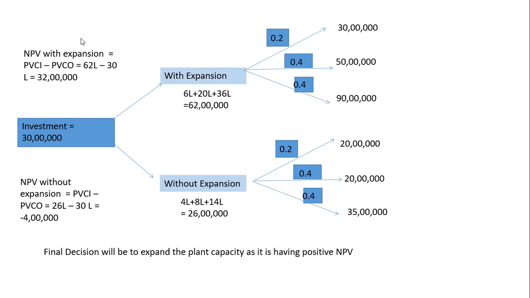So the final decision will be with a positive NPV. You are getting positive NPV with the expansion. So hence the company should resort to the expansion plan since it is getting positive NPV with expansion. Without expansion, they are getting negative NPV. So they will go with the expansion.